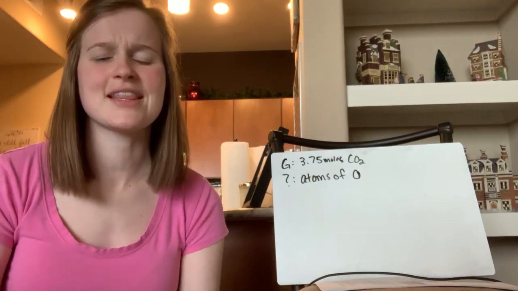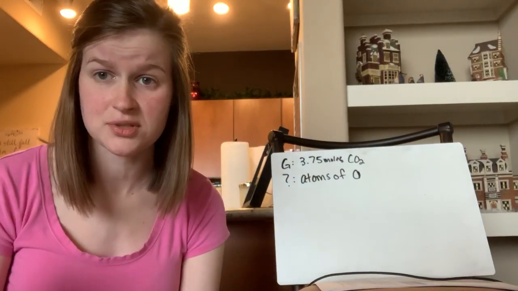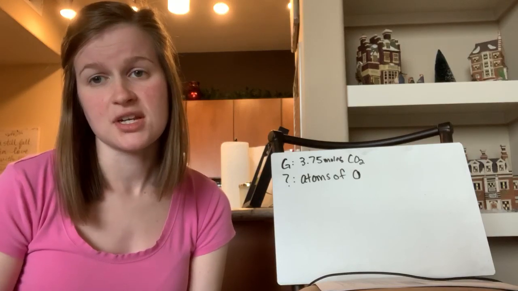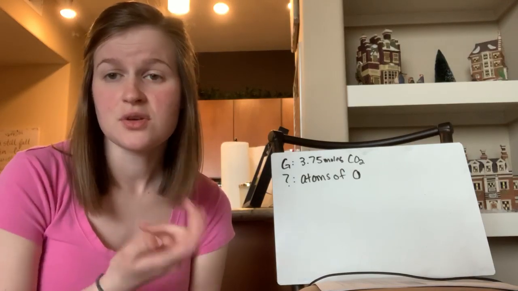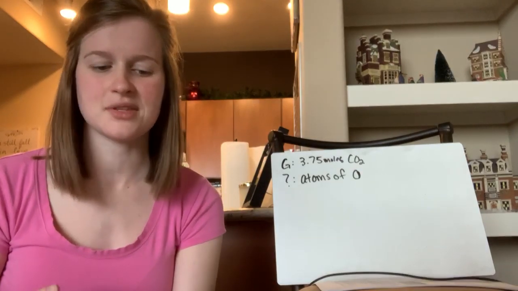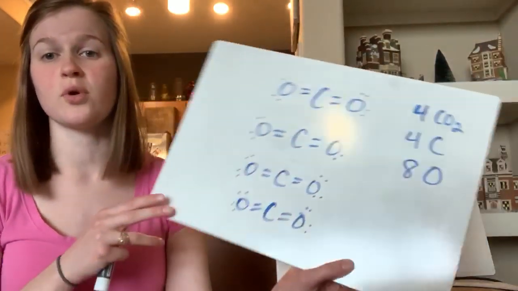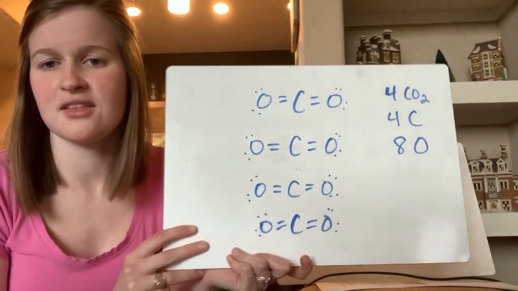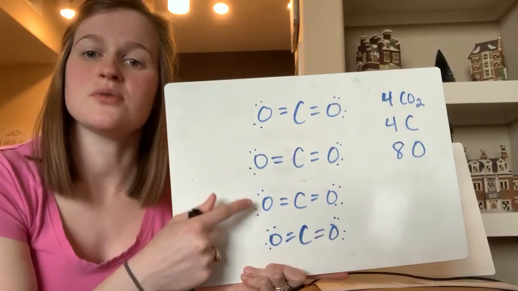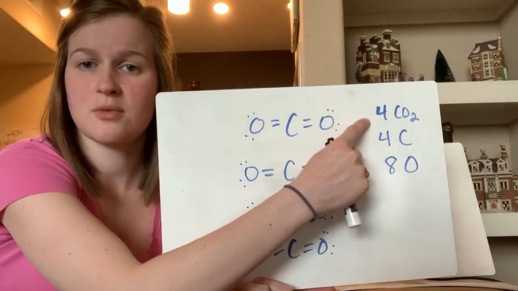So if I were to say that I had a dozen CO2 molecules and I wanted to know how many carbon or oxygen, a dozen is 12, and so you can just look at the parts. So I've drawn it out and I couldn't fit a dozen on here, so for this example, we're only using 4. But carbon dioxide, the formula for it is CO2, and it's drawn out like this. So I have 1, 2, 3, 4 CO2 molecules.